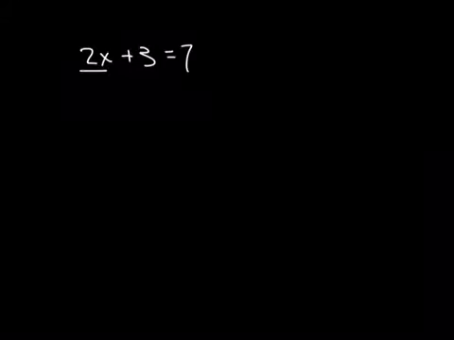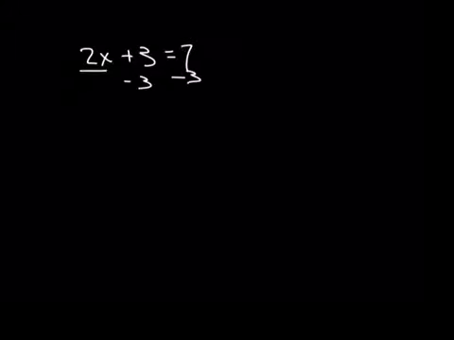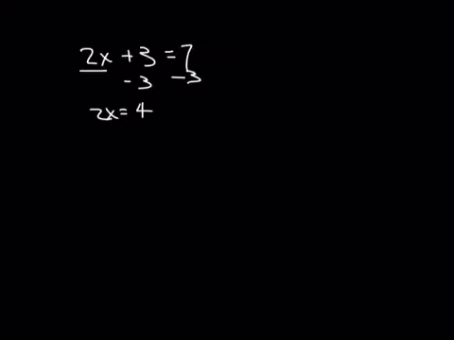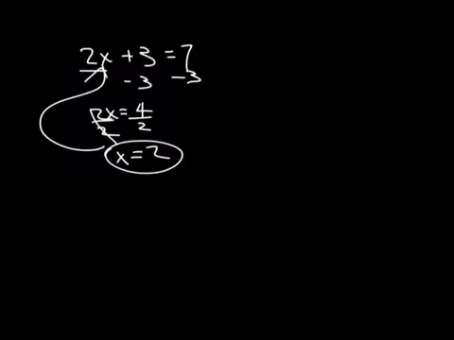And there's your equation. And you solve it from there. So again, you subtract 3 from both sides, and you get 2x equals 4. And you divide by 2, cancel, x is equal to 2. And then we take our answer, and we plug it back in there. 2 times 2 is 4, plus 3, yes, it is 7.